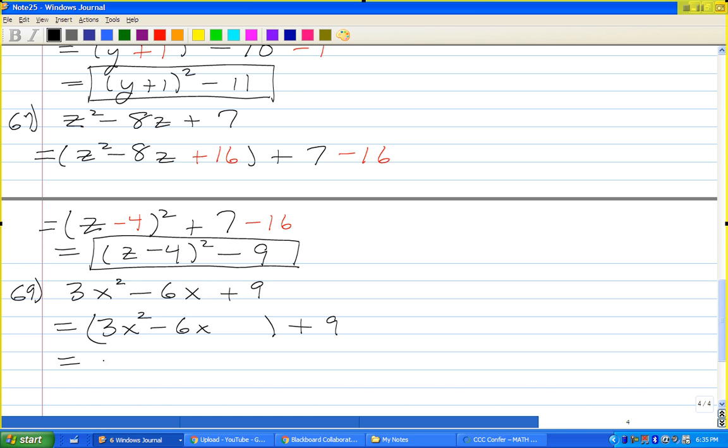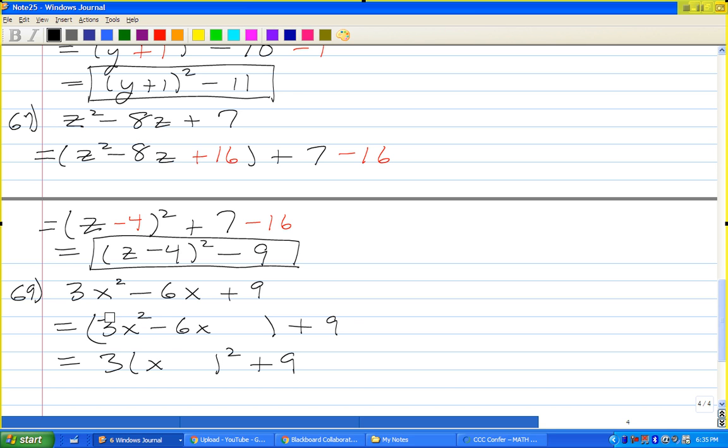And so let me complete the square. Since there is a 3 in front of the x squared, I will take negative 6 divided by 3 times 2, 6.